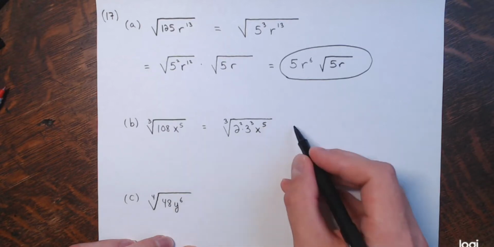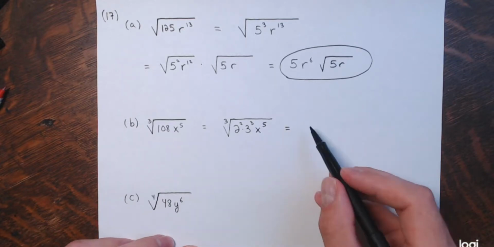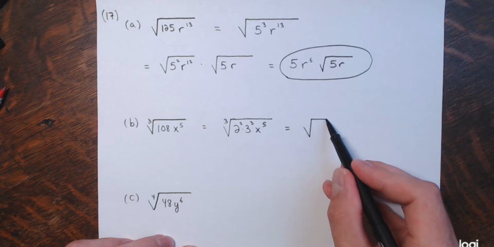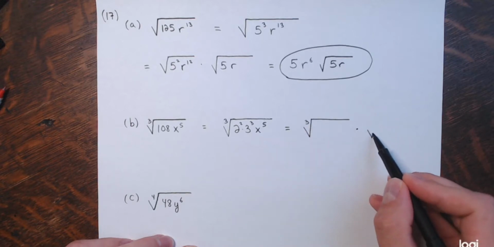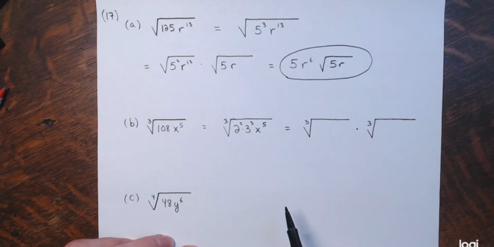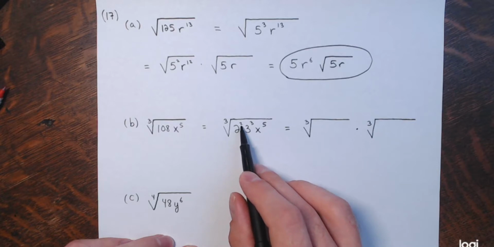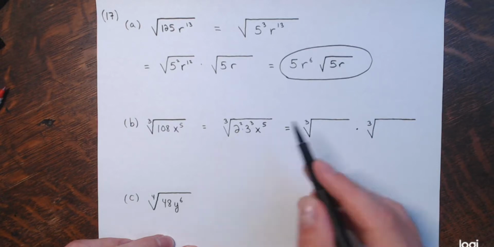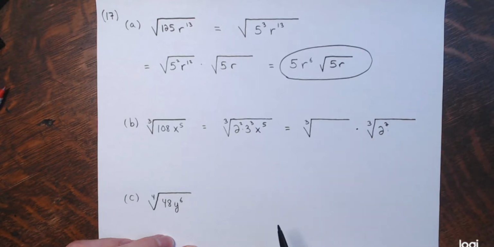And now that I've factored the radicand completely, I'm going to break it up using the product property, right, to a cube root of cubes times a cube root of not cubes. Well, 2 squared, there's no multiple of 3 less than 2, so 2 squared is going to go in the not cube radical.